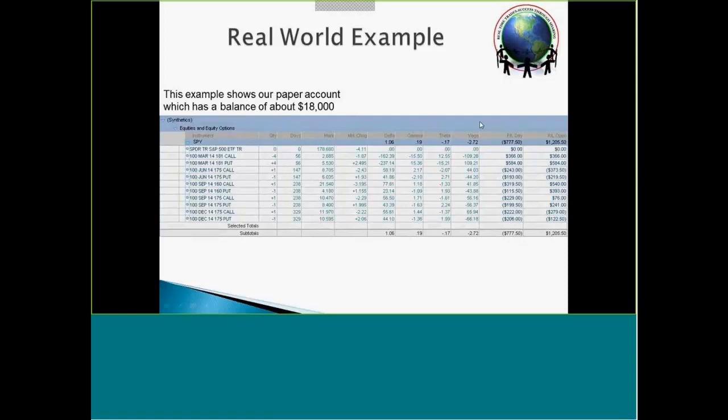So this is, like I said, a real world example. This is an intraday movement, and $800 against an $18,000 account is not small. How did that break out? In one day, our long synthetic positions were down almost 10% of our account value.